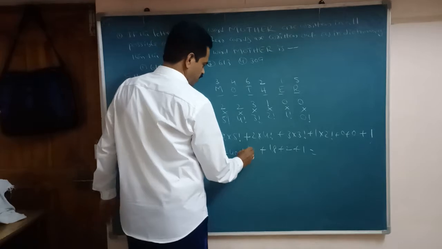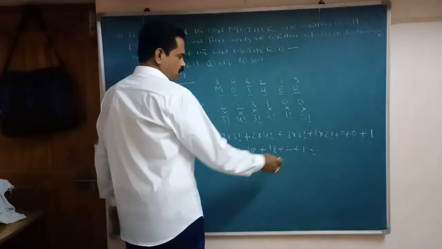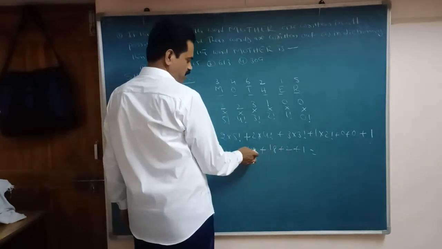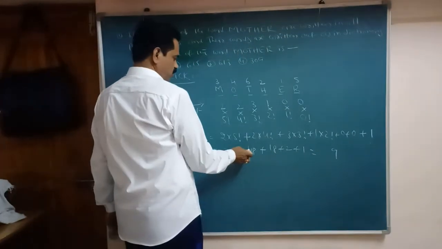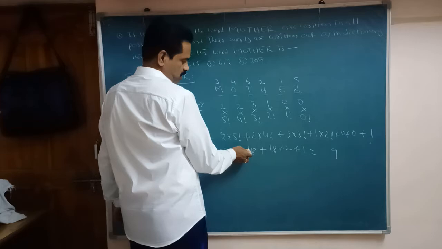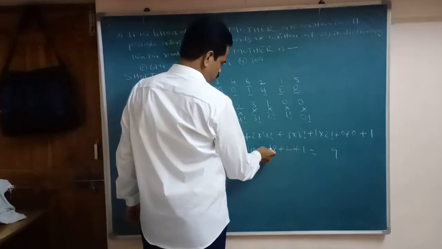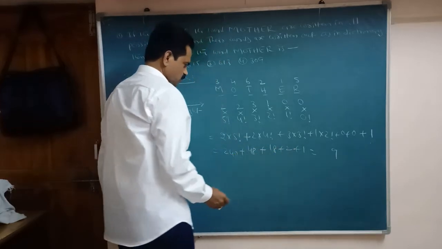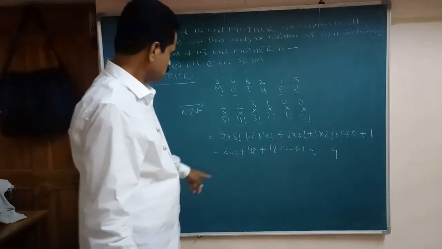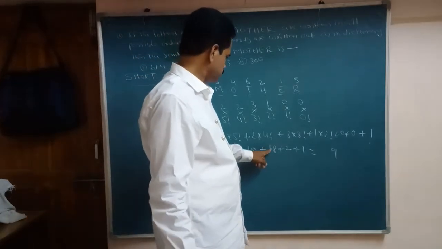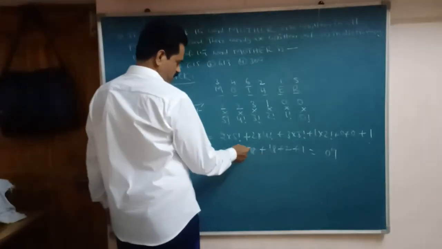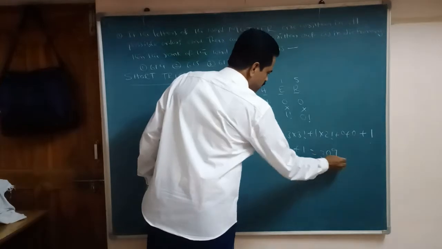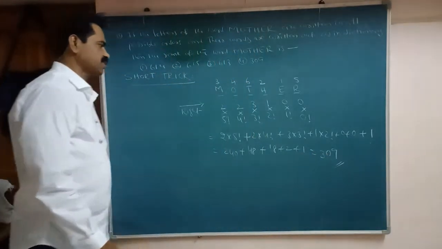This one, 48. So 3, 11, 19, 4. How much here? 3, 4, 8. So 4, 8, 9. So 9, 10. Next, 10. So how much here? 1 plus 2 is 3, not 9. So this is the shortcut method.